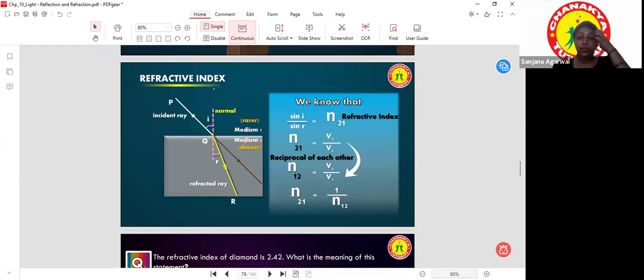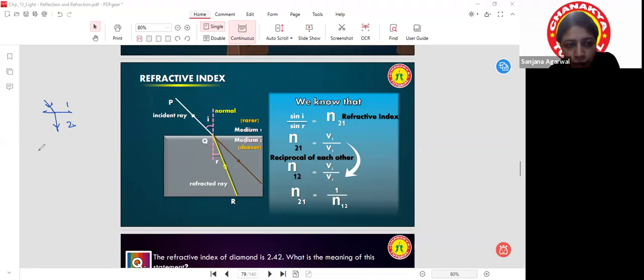Okay, children, this part sometimes gets confusing, but no worries, because here I will help you understand it very clearly. See, suppose this is medium 1 and this is medium 2, and the light is undergoing refraction from here.